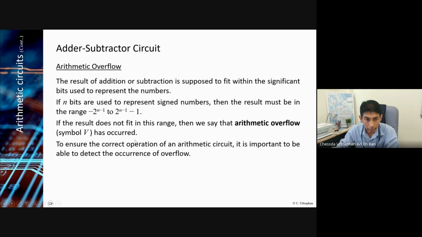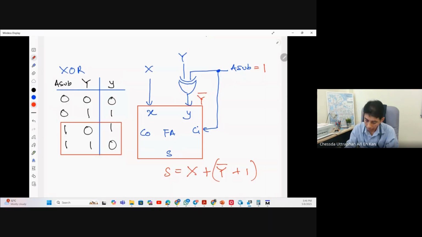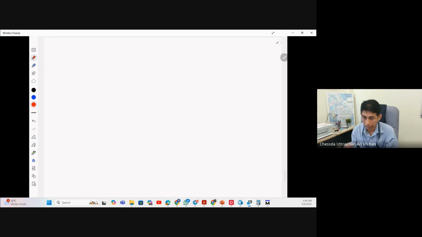So now we come to what we call the arithmetic overflow. So what is arithmetic overflow? Is it important? The answer is yes. Why? Because look at this.